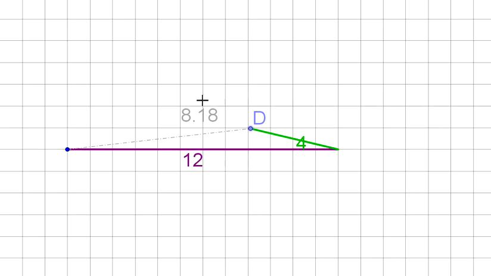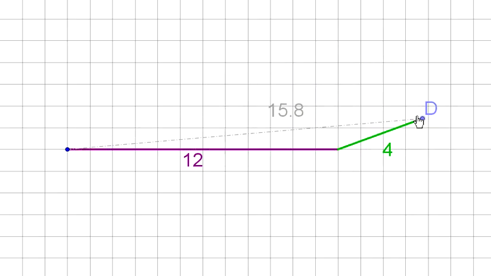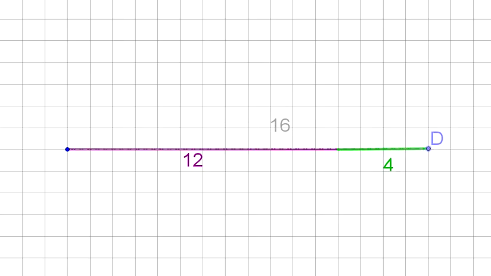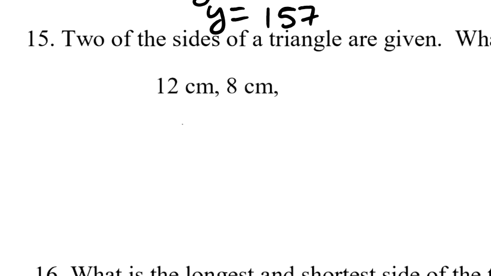So this third side, right, are all the values that are less than 16 but greater than the number 8. And that's how we would write it. The third side is anything greater than the difference between the numbers, but less than the sum of the numbers. So if we come back to our problem here, when we look at the 12 and 8, if x is the length of the third side, x could be anything that's greater than the difference between those two.